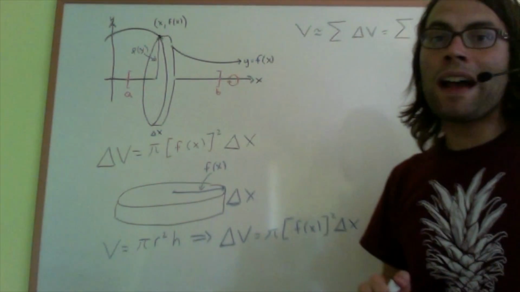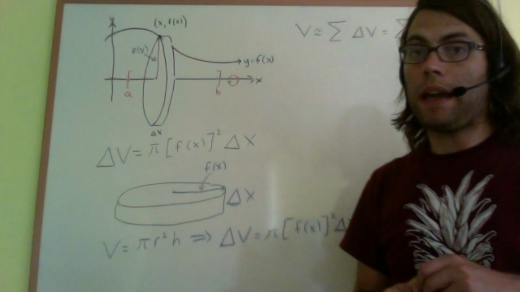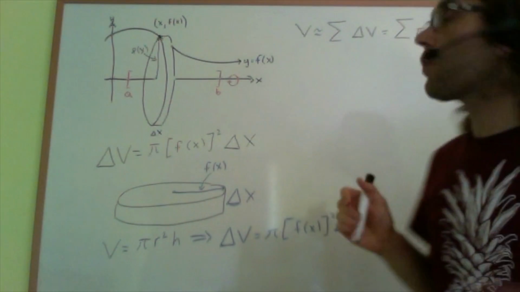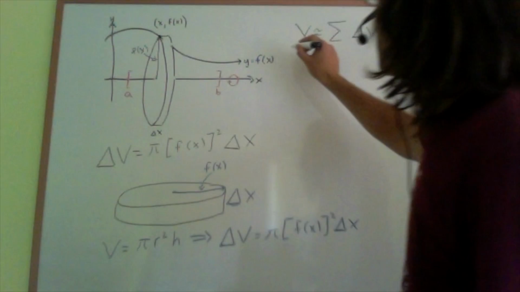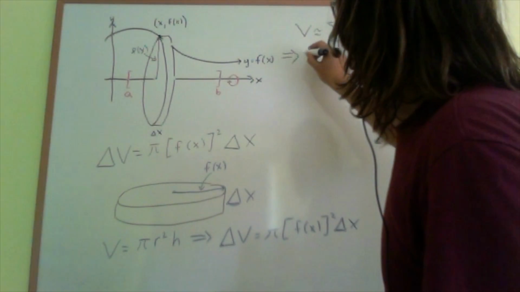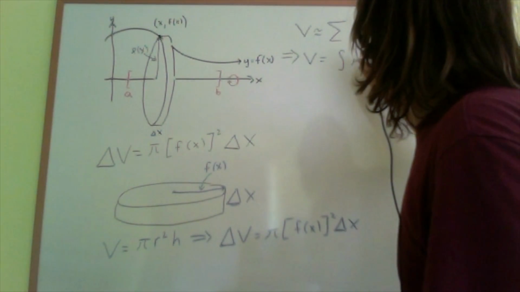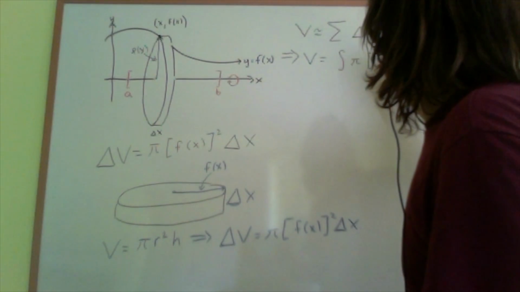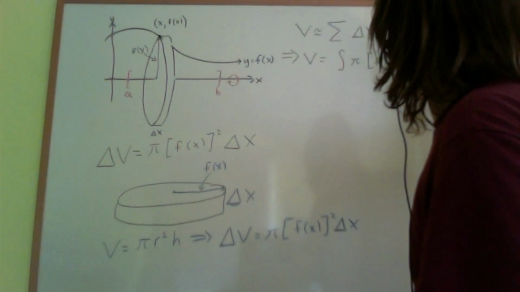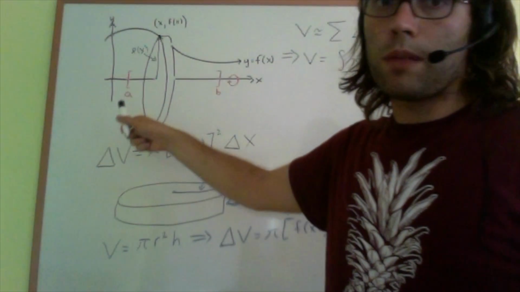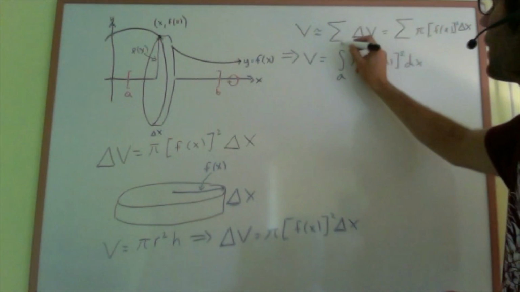However, as the thickness delta x goes to 0, this approaches the actual volume, and from the limiting reasoning that we learned from calculus earlier, we get that V is going to be the integral of pi f of x squared dx. And because we're going from a to b, this is going to be the integral from a to b.